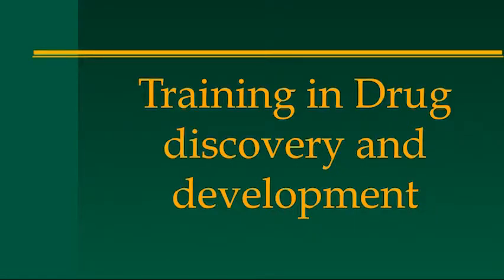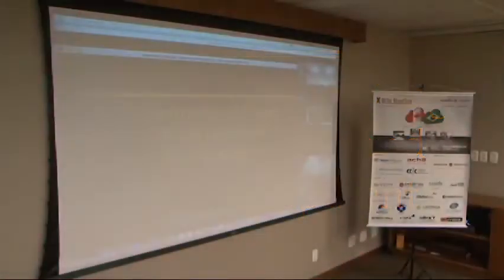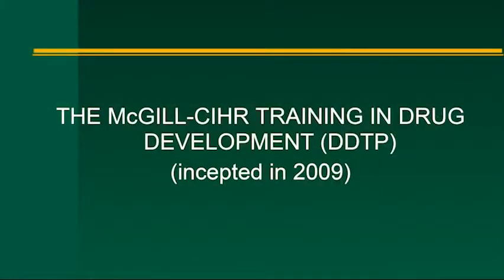So they recruit postdoctoral fellows who are able to participate in the several projects that they are working on. In our case, next slide please, we have developed a very specific training called the McGill CIHR training in drug development, of which I am still the director, called DDTP.